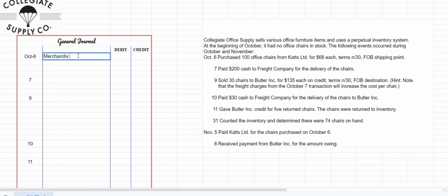And when it says terms N30, that means you're not going to pay it right away. So that means there'll be a credit to accounts payable.